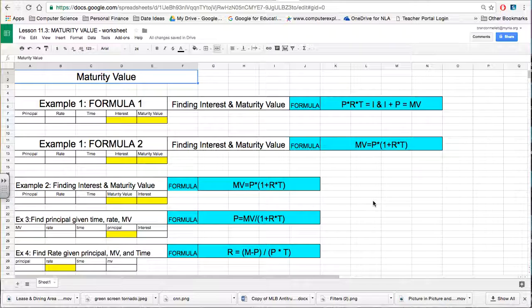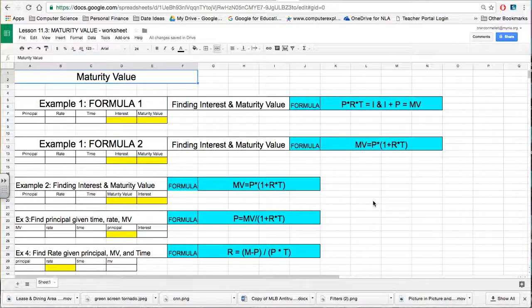So if you needed, let's say, a $5,000 loan for a car, and you needed 10% of that, we would end up finding that you would add the $5,000 plus the 10%, which would be $500, and as a result of that, your maturity value would be $5,500. So that's what we'll be doing in this lesson, is to find information like that.